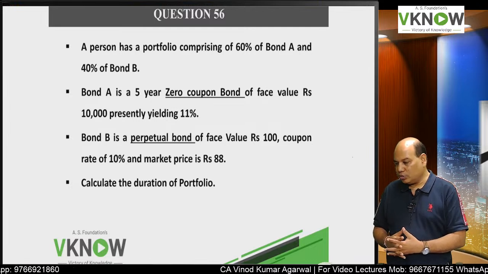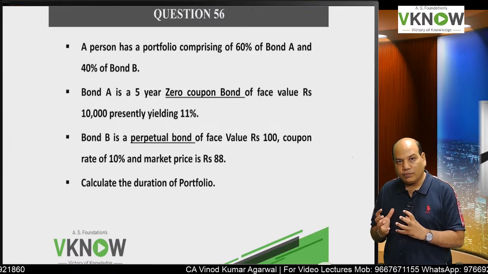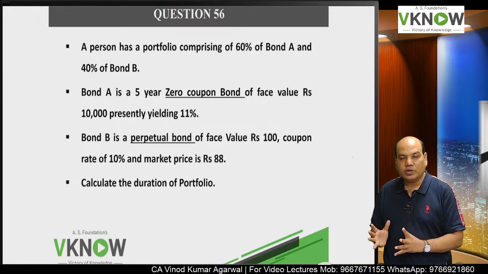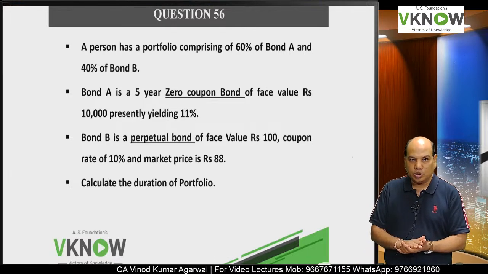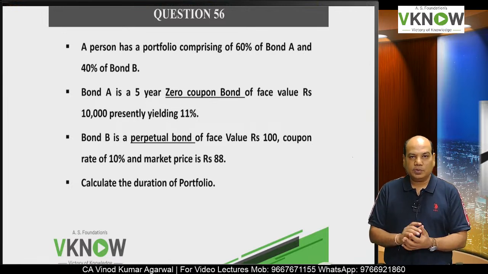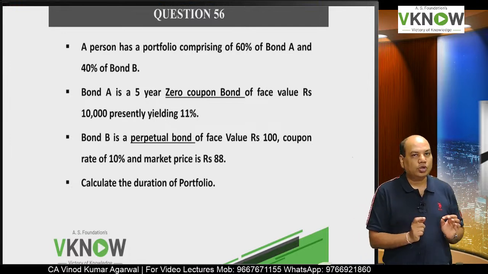And for finding the duration of perpetual bond, we need to find out what is the YTM of the perpetual bond. Because once you get the YTM of the perpetual bond, you will get the duration of perpetual bond, and from duration of perpetual bond, you will be able to find out the weighted average duration.